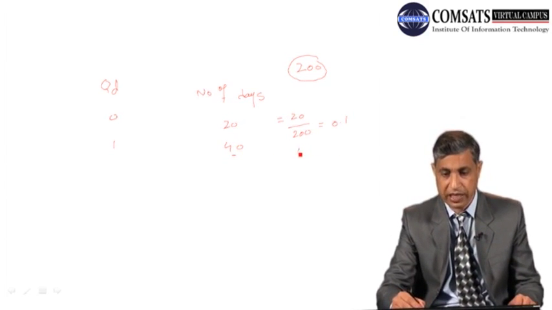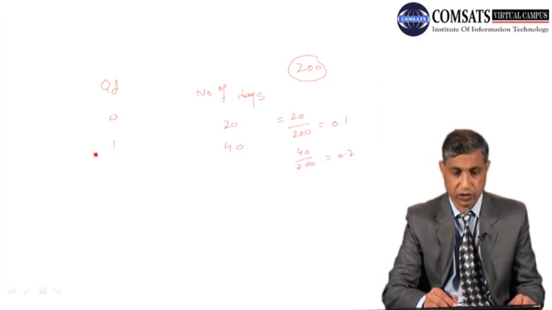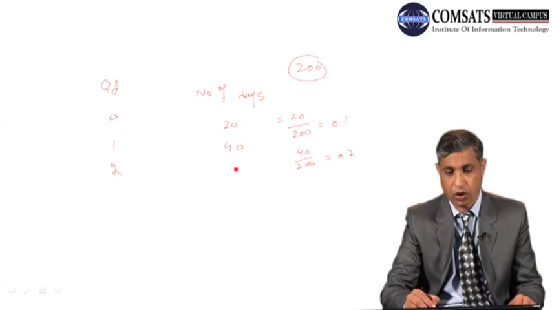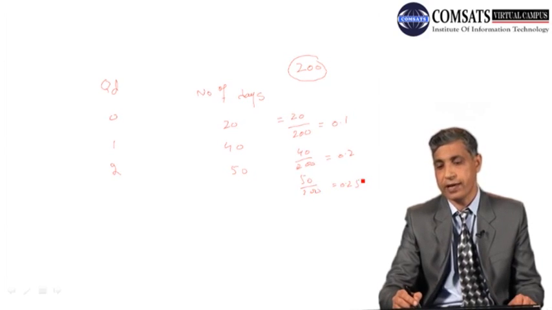So what is the probability of this? 40 by 200, and it is equal to 0.2. Further you examined that 2 liters of petrol were demanded on 50 days. So what is this? 50 divided by 200, and it is equal to 0.25.